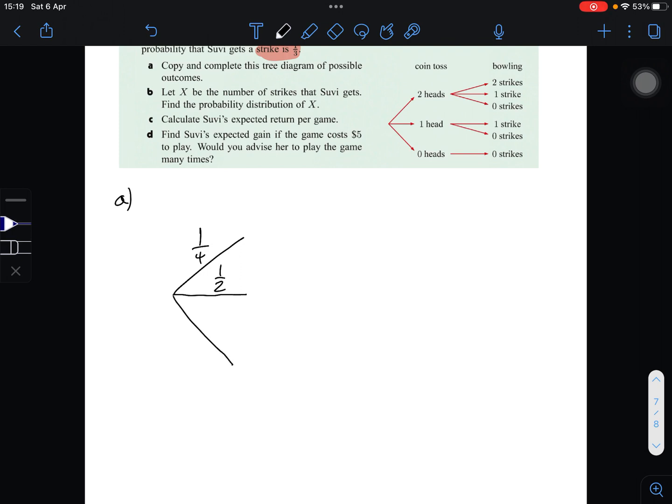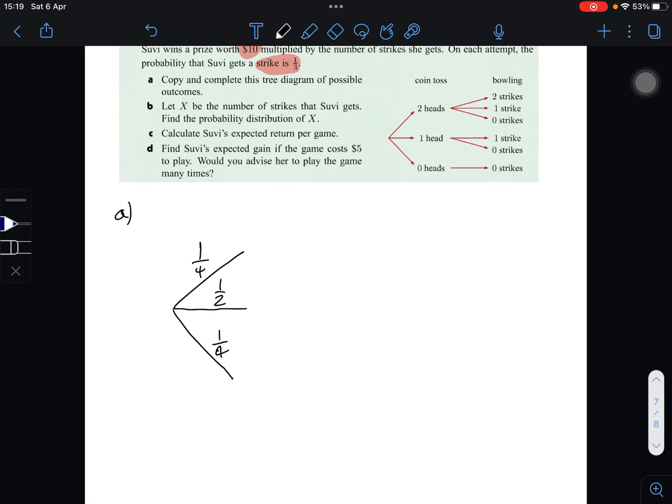And then the final one here is 0 heads. Again, the probability of getting both tails would be a half times a half, because a tail has the probability of a half. So that's 2 heads, 1 head, 0 heads.